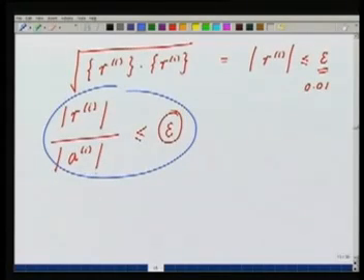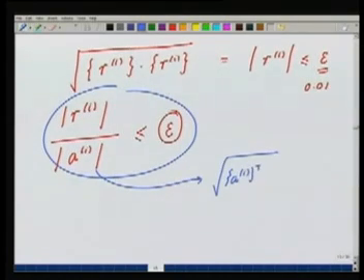So the length of the vector A_i would be square root of vector A_i transpose A_i. Okay. So with this we can check if I can get convergence or not.